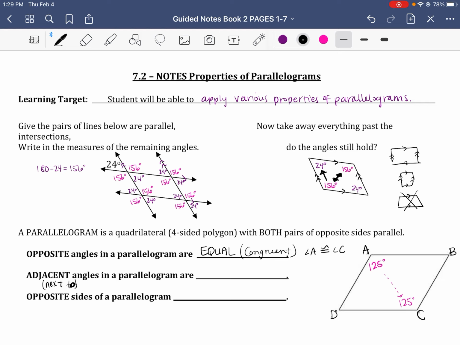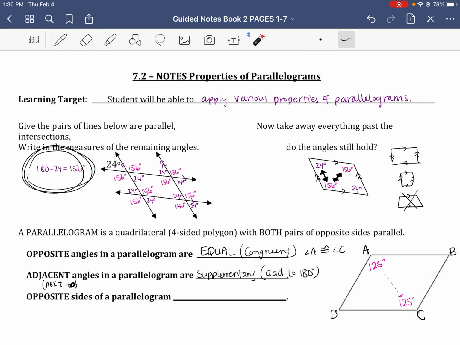So again, I'm going to draw some arrows up here in the one that we drew, 24 and 156. Remember, we used this idea that they add to 180 to find that. These are called supplementary, or in other words, they add, or sum, to 180 degrees.